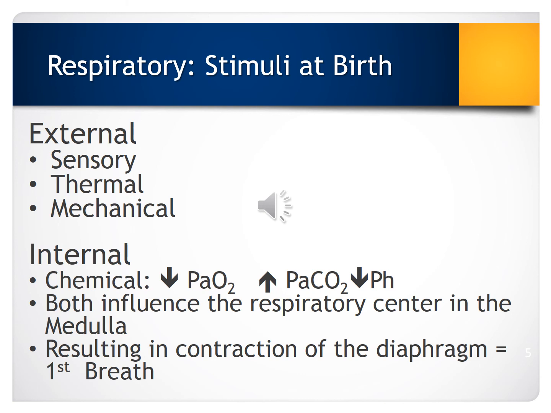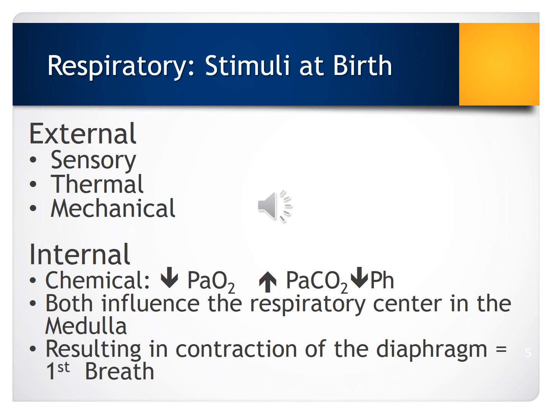And then mechanical: there's a belief that during labor, during the descent and expulsion as part of the cardinal movements, there is a slight pressure on the thoracic cage, causing some of the fluid in the lungs to be removed. That would allow air, oxygen, now to take over those fluid-filled spaces.